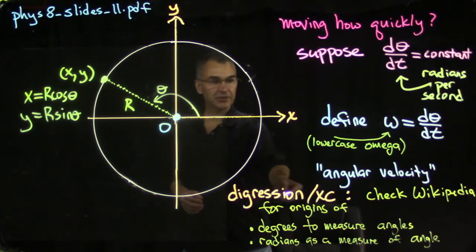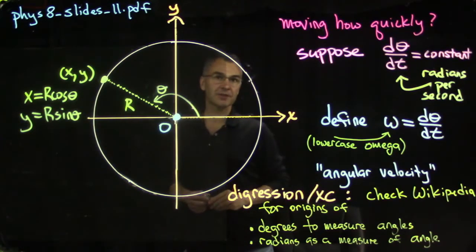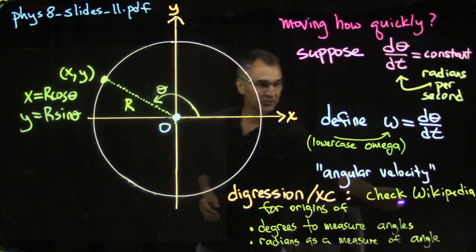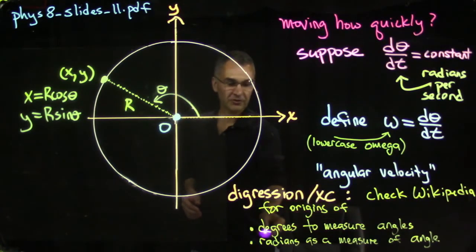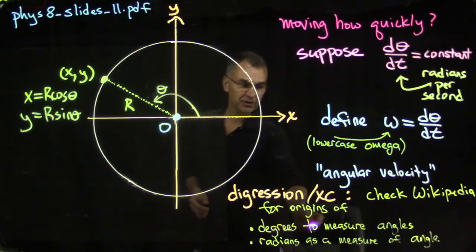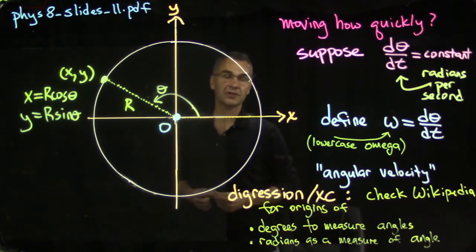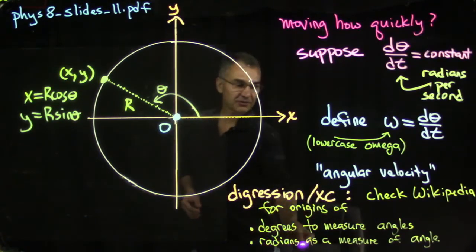But I have a digression for you. If you want to earn an extra credit point or two on the next video reading assignment, you can check Wikipedia or your other favorite source and learn something about the origins of degrees to measure angles. It seems this is an old enough tradition that it's largely speculation, but you can tell me what you find. And look into radians as a measure of angle.